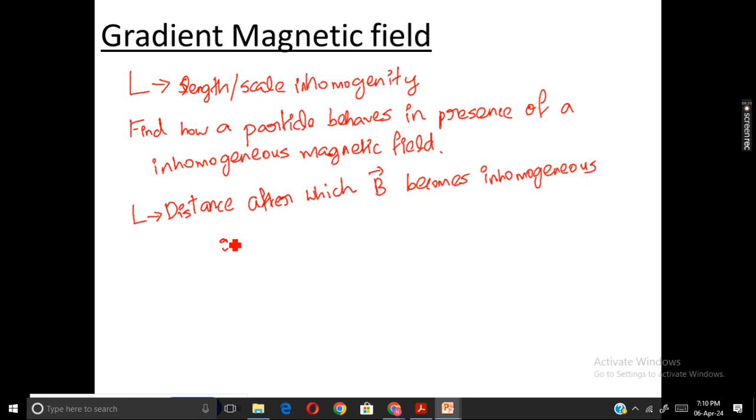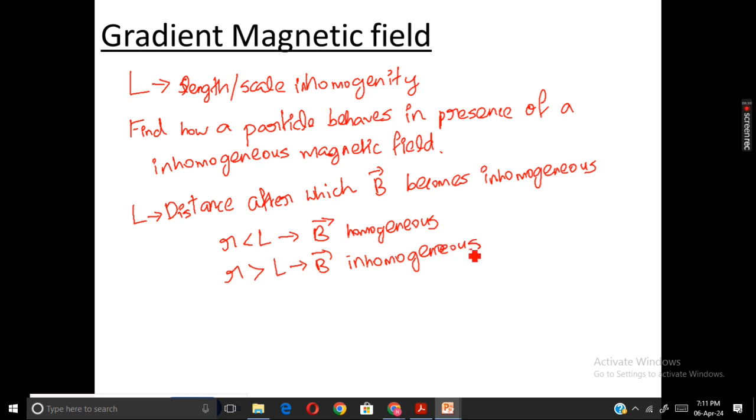Suppose R is a distance. If R is less than L, then the magnetic field that it experiences, B, is homogeneous. Whereas if the distance R is greater than L, the magnetic field that it experiences will be inhomogeneous. This is an assumption we are taking for the problem, to simplify it.